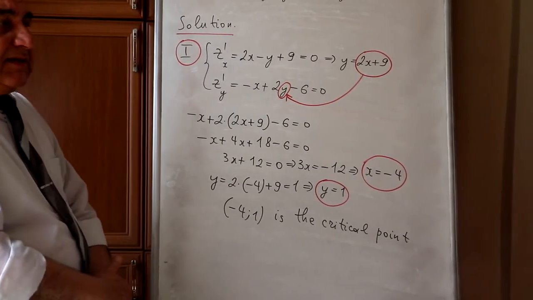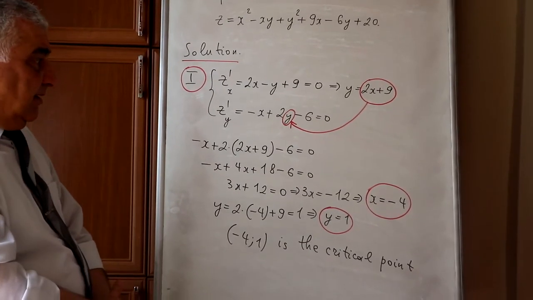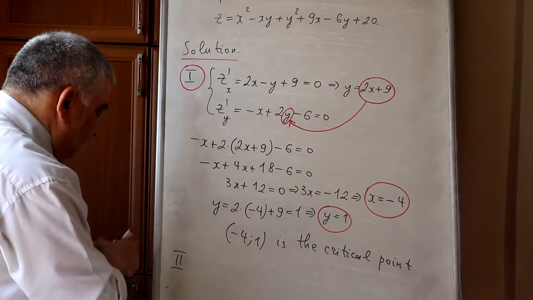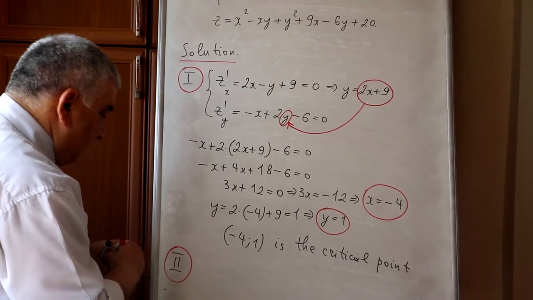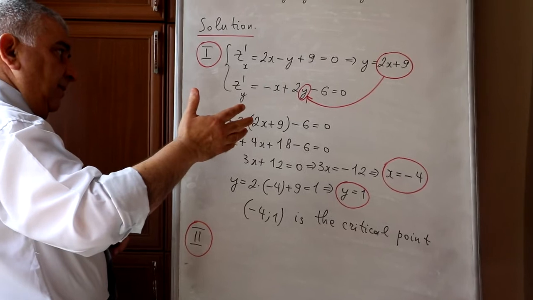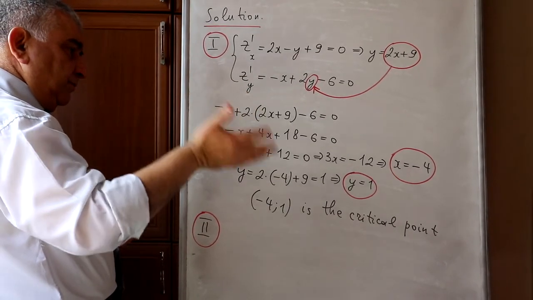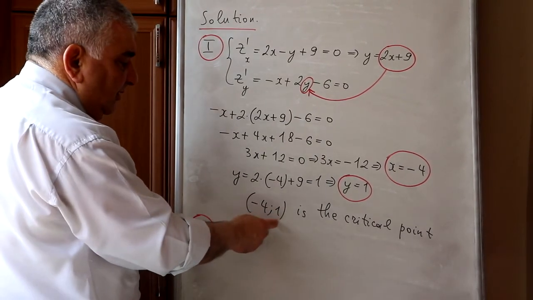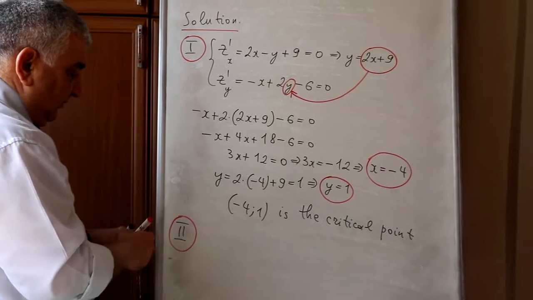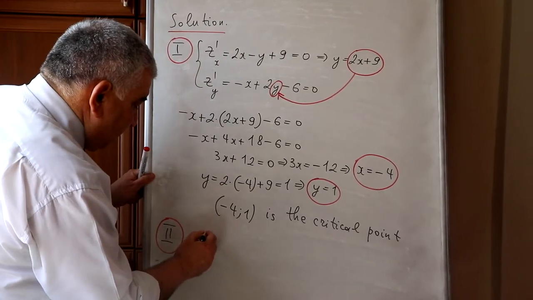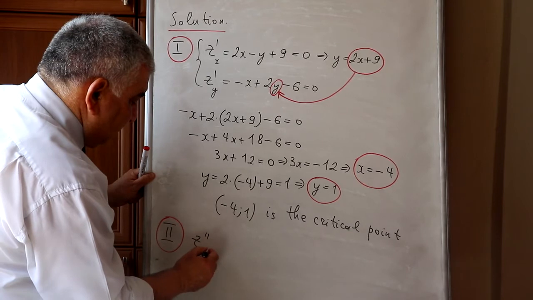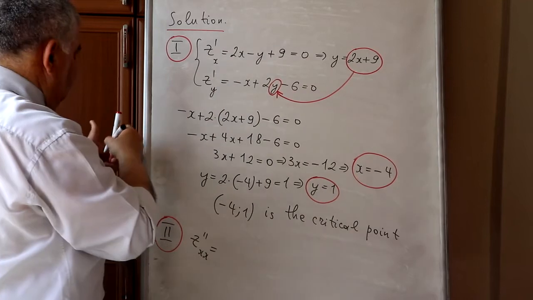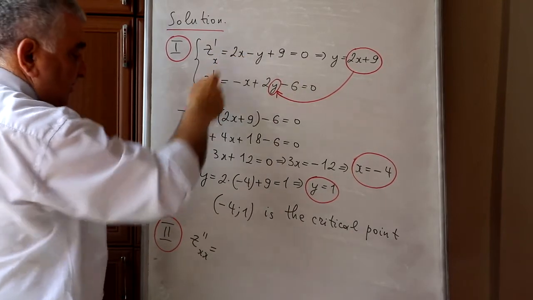Then continue, find the second order partial derivatives, and then calculate them at the point minus 4, 1. The second derivative z double prime xx is the derivative of this expression with respect to x, which is simply 2.